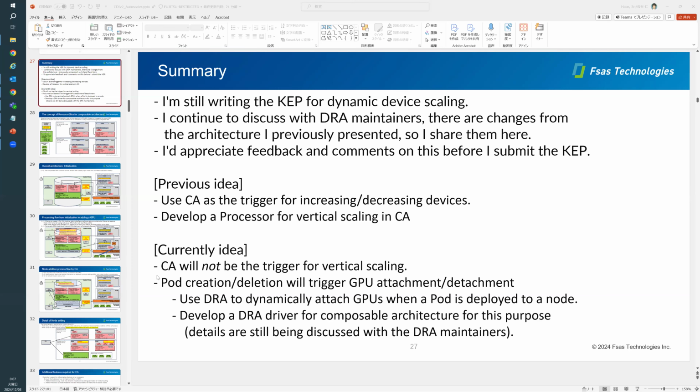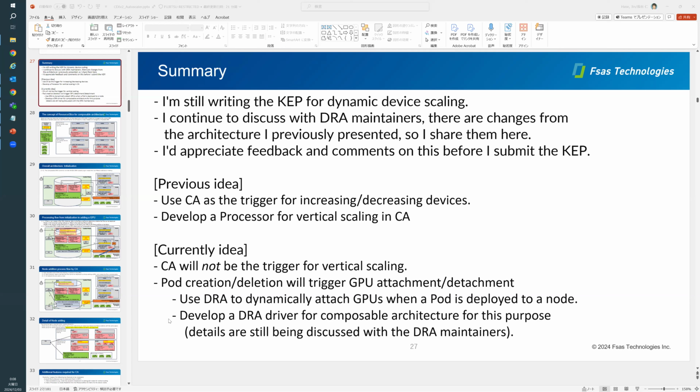The current idea is that cluster autoscaler will not be the trigger for vertical scaling. Pod creation or deletion will trigger GPU attachment or detachment. To achieve this, I plan to use DRA to dynamically attach GPUs when a pod is deployed to a node.